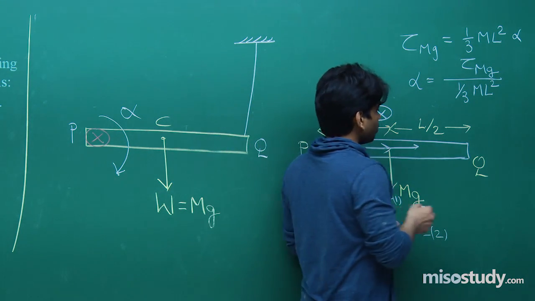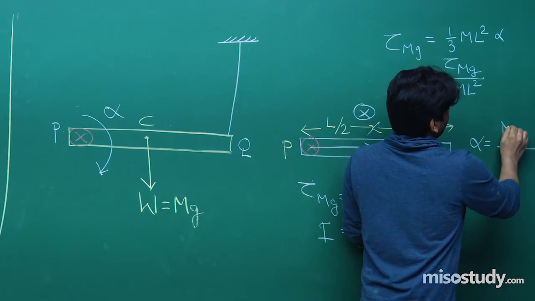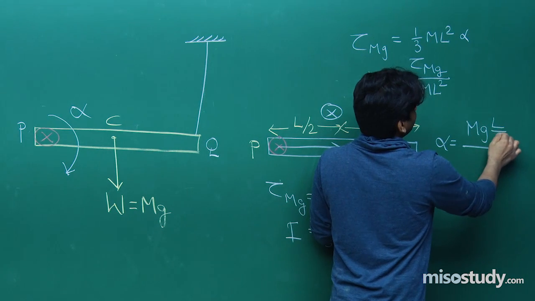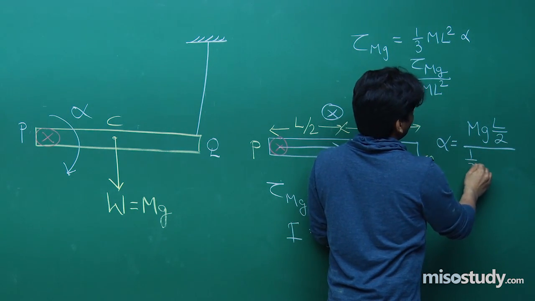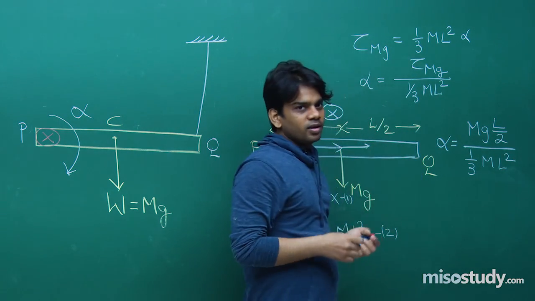So let me write down, alpha will turn out to be mg into L by 2 divided by 1 by 3 ml square. Clear to us?